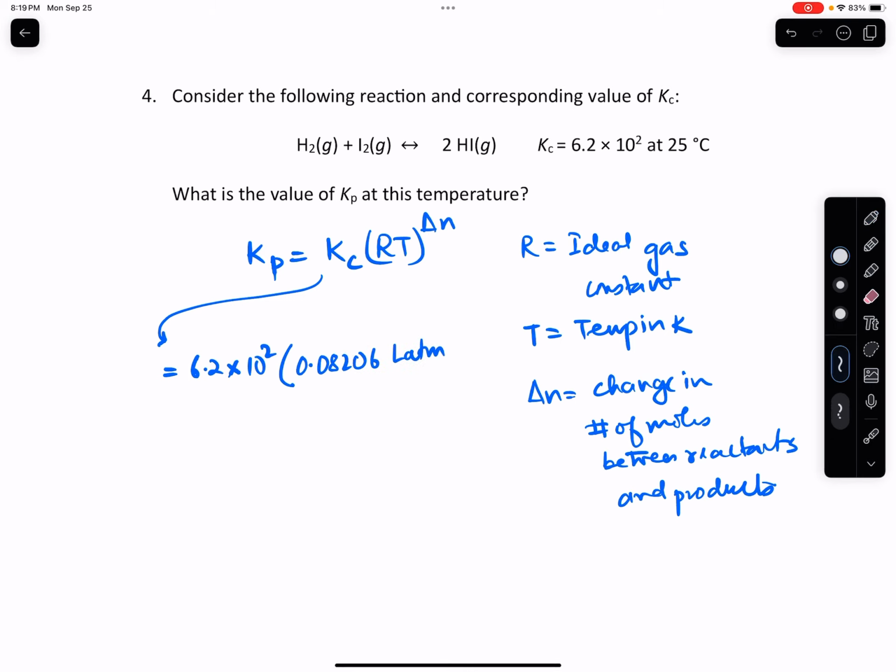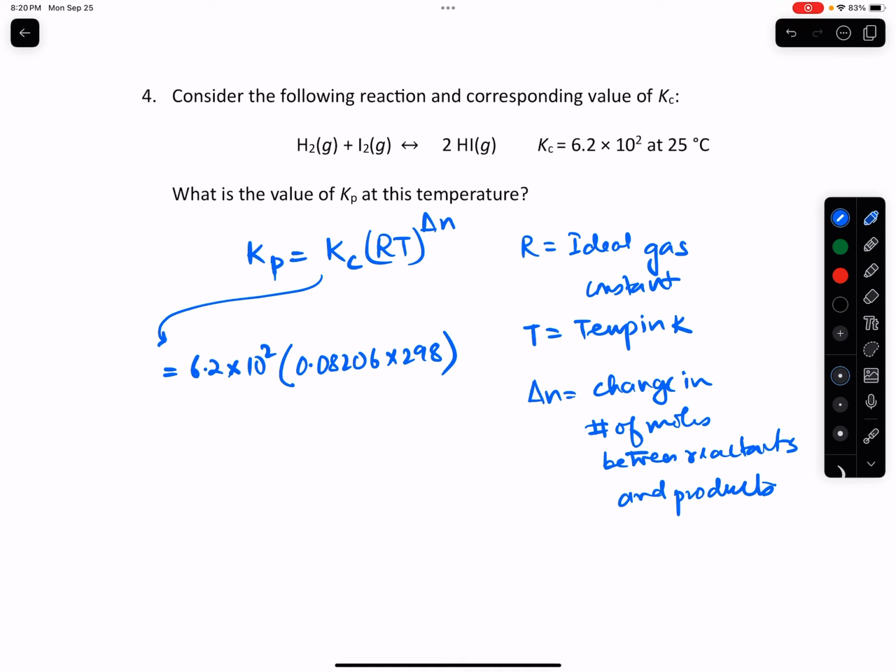We can just leave out the units because in equilibrium constants units are not important. We don't write the units. So that's R, and then the temperature is 25. We change that to Kelvin, which is 273 plus 25, which is 298. So that's times 298 Kelvin.